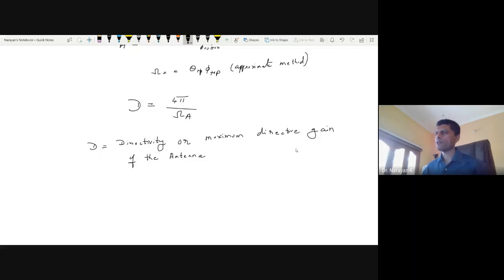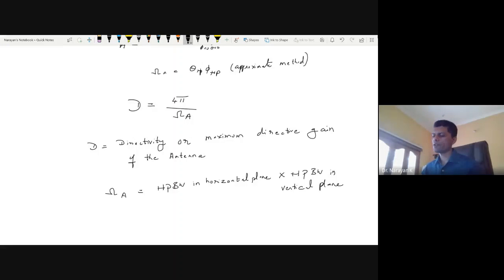Your beam area omega A is given by the half power beam width in the horizontal plane into the half power beam width in the vertical plane.